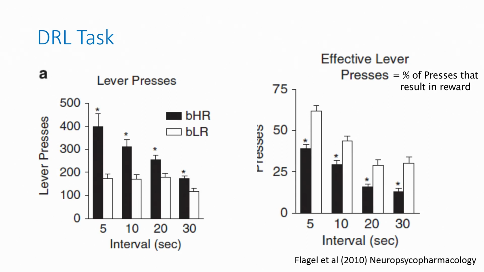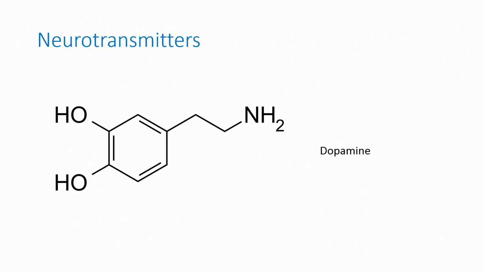This group was looking at different classes of neurotransmitters. Neurotransmitters are small molecules. They help transmit the information from one neuron to the other in the brain, and this group was particularly interested in asking the effect of dopamine, a small molecule neurotransmitter, in controlling these behaviors.